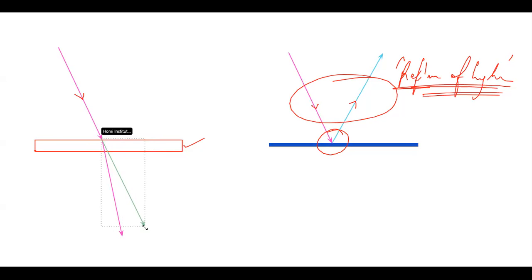According to the rectilinear propagation of light, इस लाइट रे को इधर से ट्रैवल करना चाहिए था, but it is not traveling through this. What happened? It got bent over here. ये यहाँ पर bend हो गई.